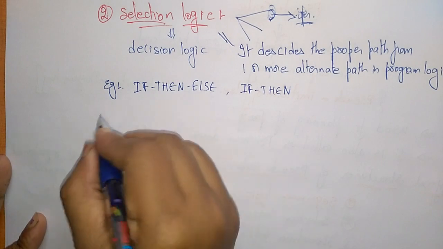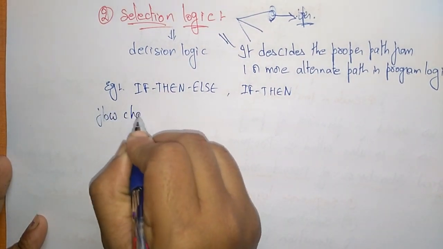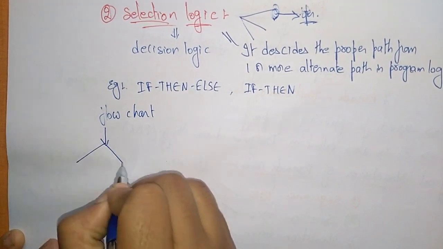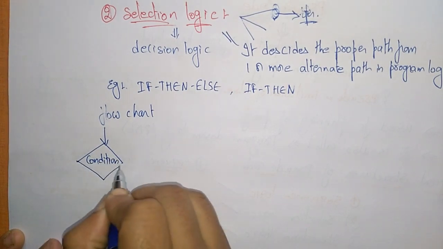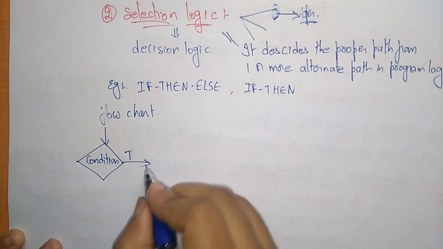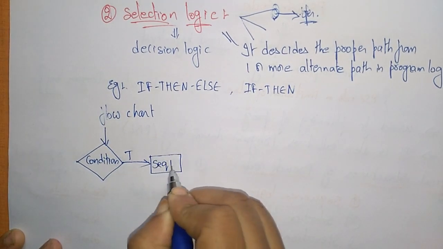First, the if then else flowchart. It is a selection. First you have to give the condition. If the condition is true, it goes to the sequence 1 statement.